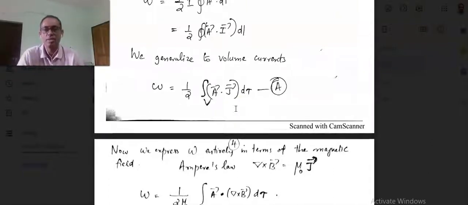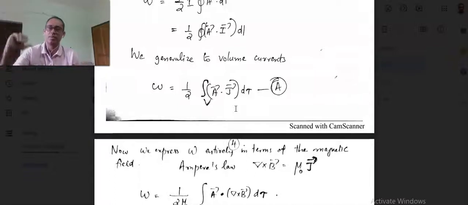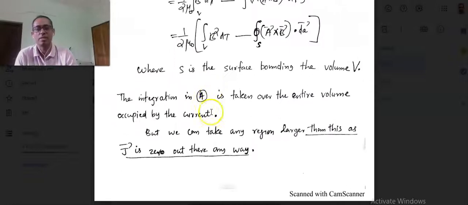The only thing is, when you integrate over that larger volume, you will have value only for the regions where the current density is there or current is flowing. For other regions, J will be equal to 0. So we will be getting exactly the same result.